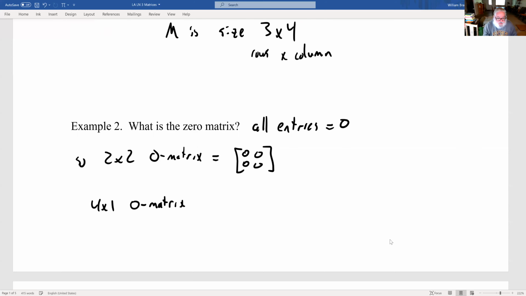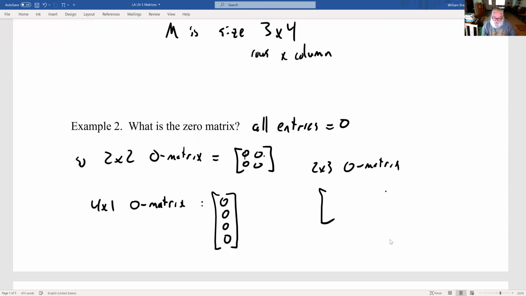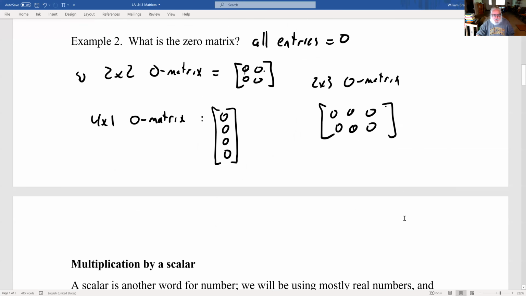A 2 by 2 zero matrix means 2 rows, 2 columns, right? 4 by 1 means I've got 4 rows and 1 column. So 0, 0, 0, 0. That's also called a vector, right? And we can have, say, a 2 by 3 zero matrix. I'm going to have 2 rows, but 3 columns. So 0, 0, 0. There's 1 row, 0, 0, 0. There's the second row. So every size has its own zero matrix.